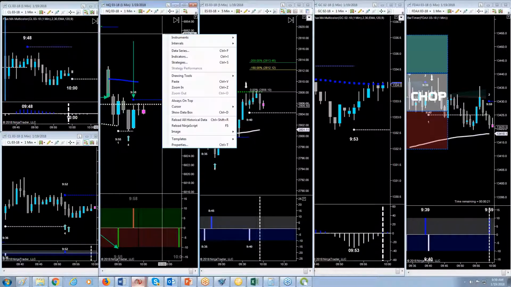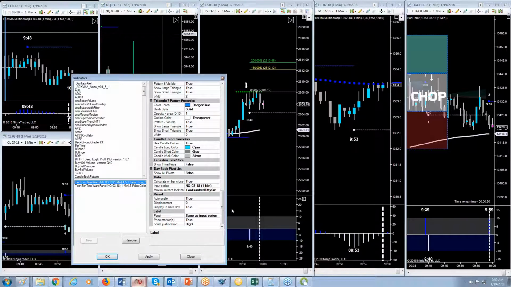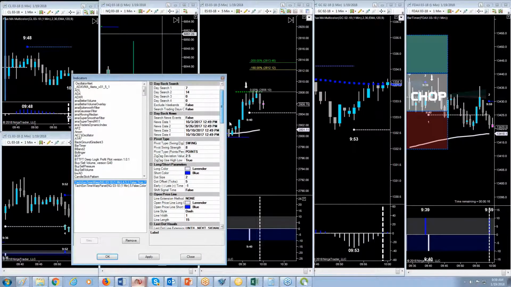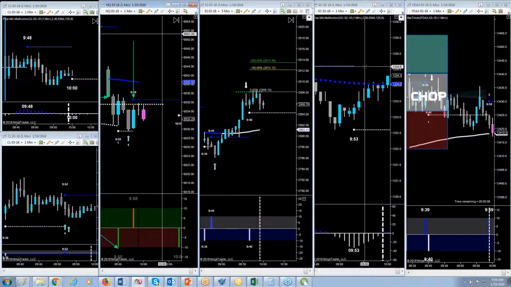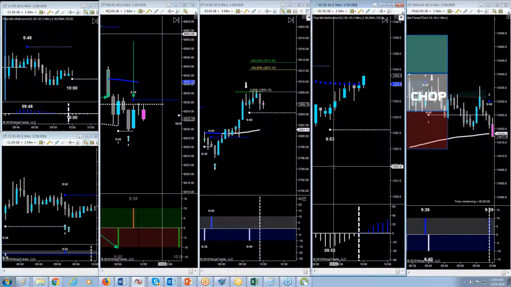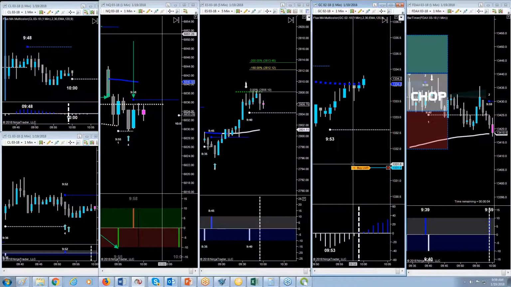The NQ setting, all the settings on the charts are 714 with a swing point strength of 8. Gold, we're looking for a long entry on the close of this candle in 3 seconds.